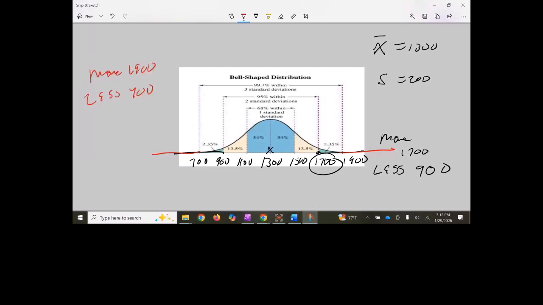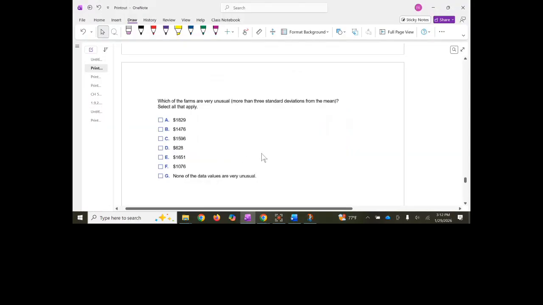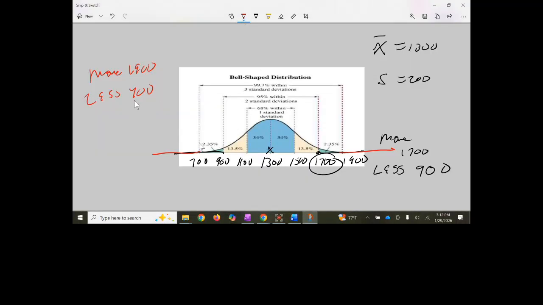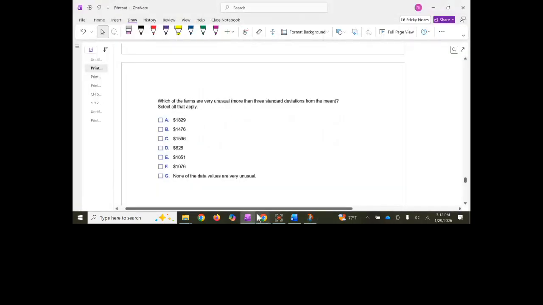Because that's going to be very unusual, outside of those ranges. Okay. Did we have any numbers more than 1,900? No. Did we have any numbers that were less than 700? The 628. Boom. And there you go.